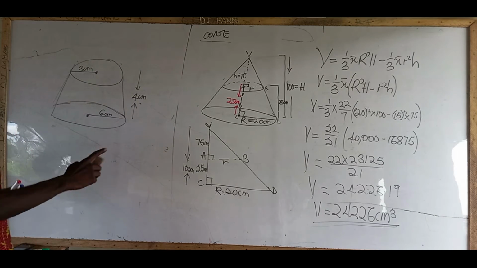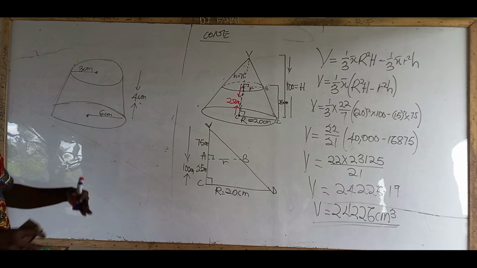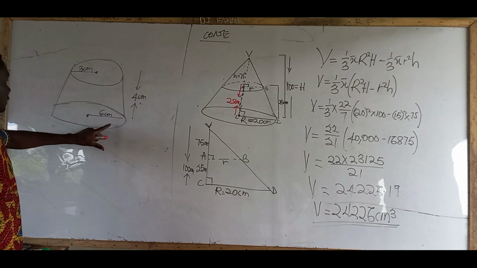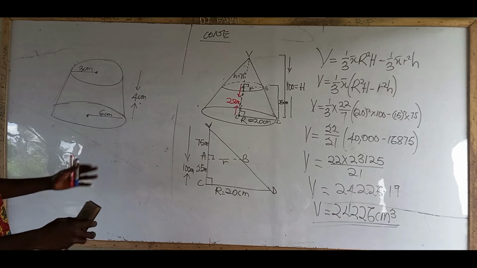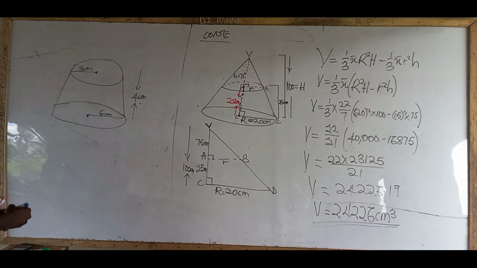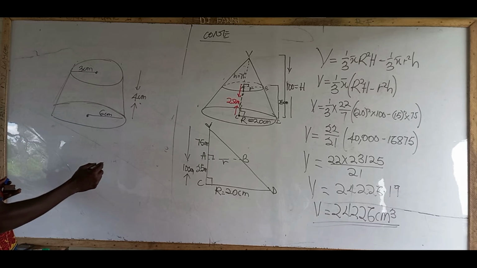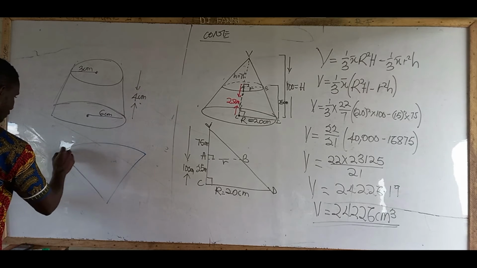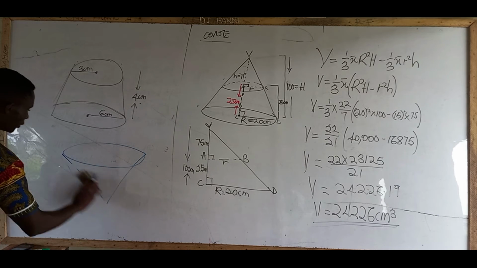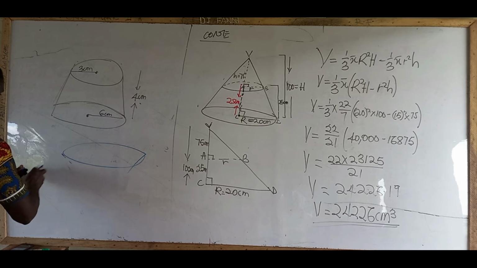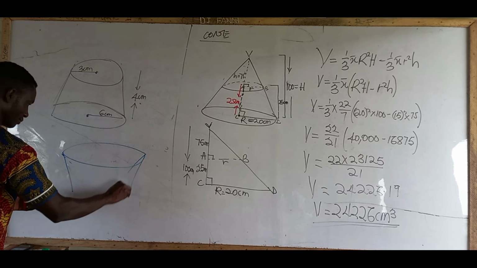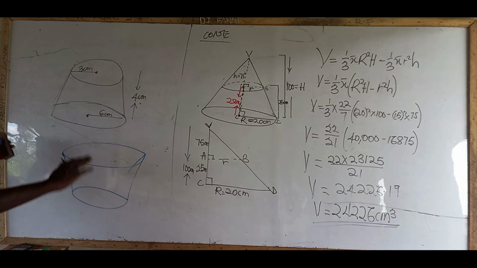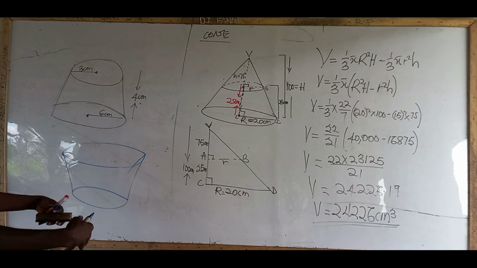It has been cut. In some questions, they will not say it's a cone. They can say it's a bucket filled with water to this height. You know a bucket: it looks like this, because the top is open, so much wider than the bottom.